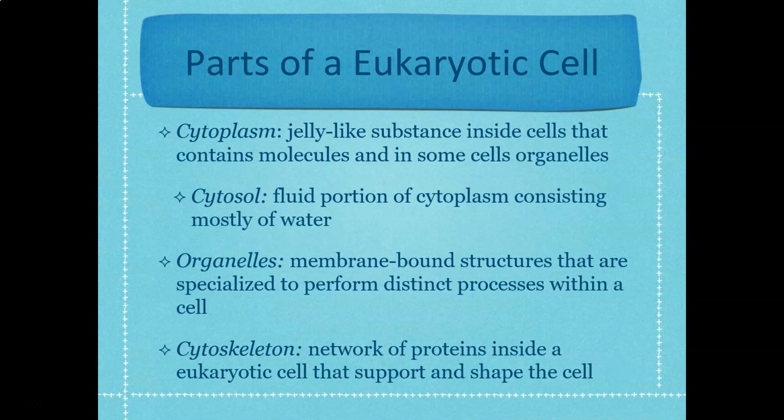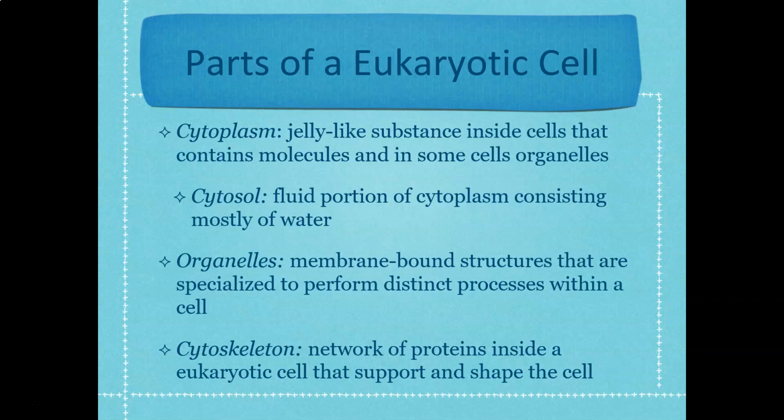So when we look at your eukaryotic cells, there are some components that are consistent across the board. And truly, these are consistent in some cases from every plant cell, every animal cell. They're all going to contain at least these components in general. First one is just your cytoplasm. This is that jelly-like substance that's inside your cells.